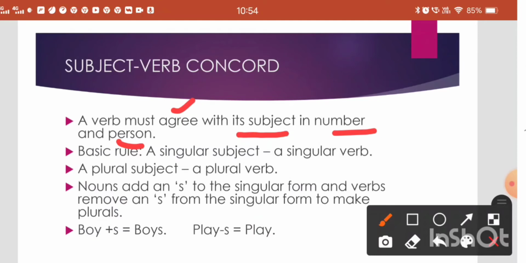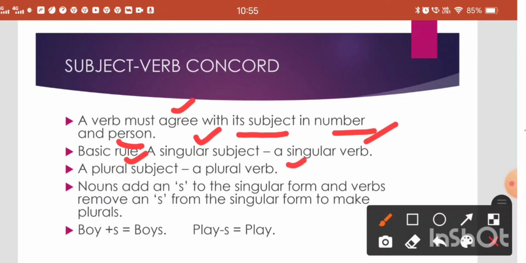If you write the correct verb, your sentence is correct. If you write the wrong verb, your sentence is wrong. So you have to learn how to decide the verb according to the number and person of the subjects. The basic rule says a singular subject takes a singular verb and a plural subject takes a plural verb.